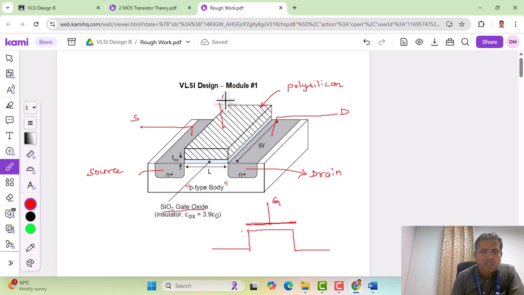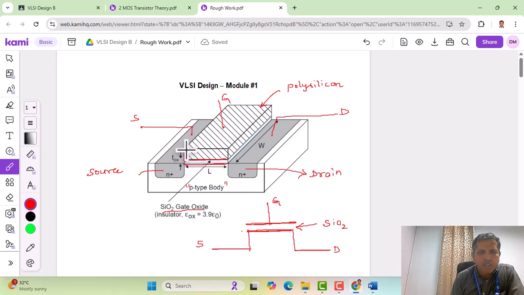So we have a gate, and we have a source region. This complete region is the source region, and this complete region is the drain region, as you are seeing here in the structure. And this region is below the silicon dioxide. In between these two lines, you can call this silicon dioxide, SiO2. The empty space that I'm showing here corresponds to the space between these two lines.